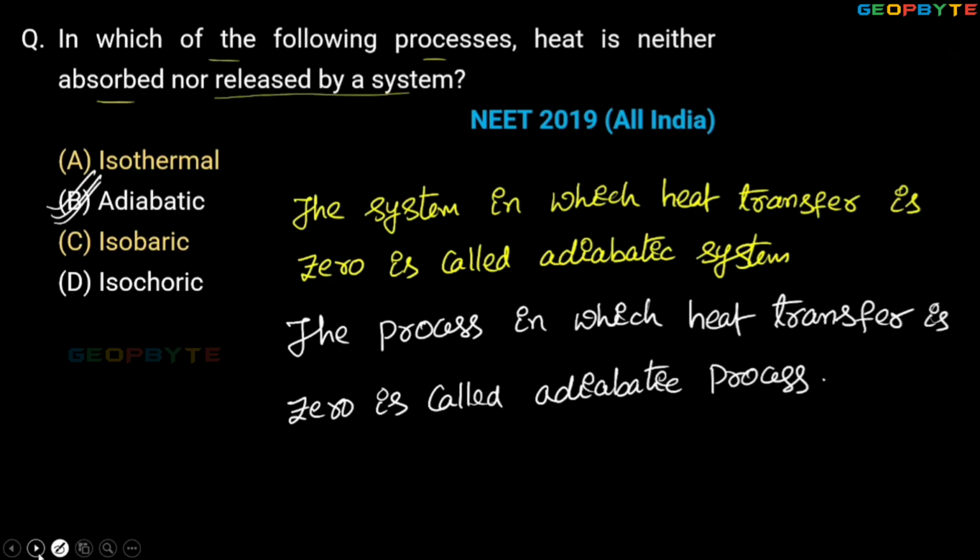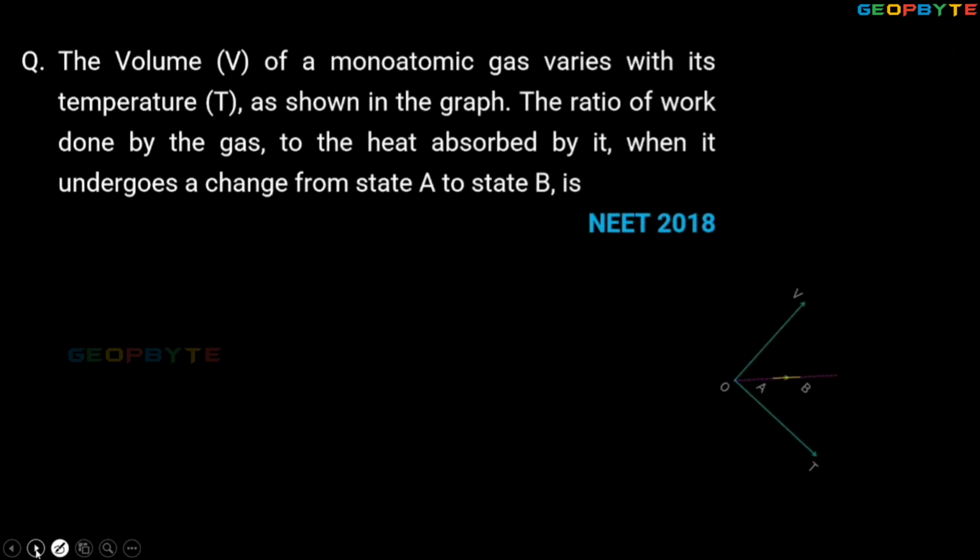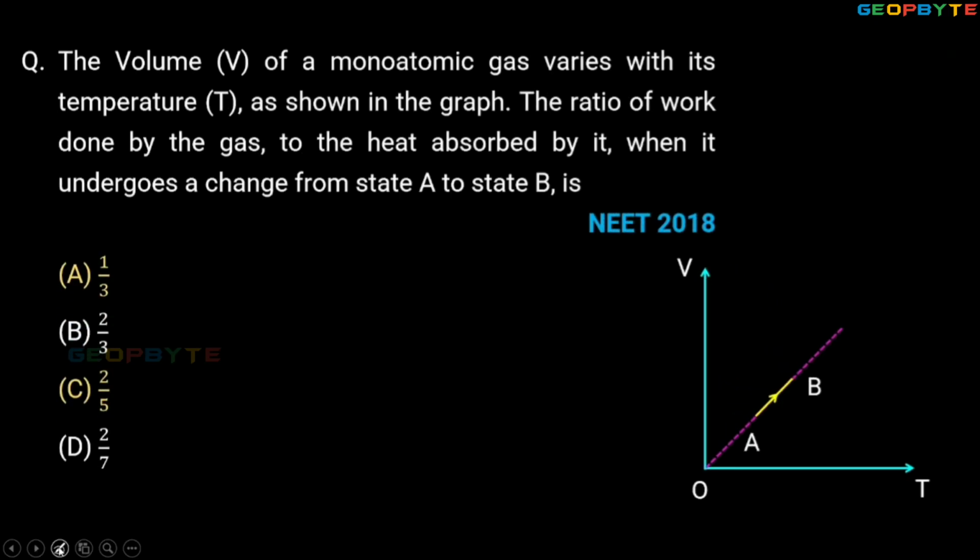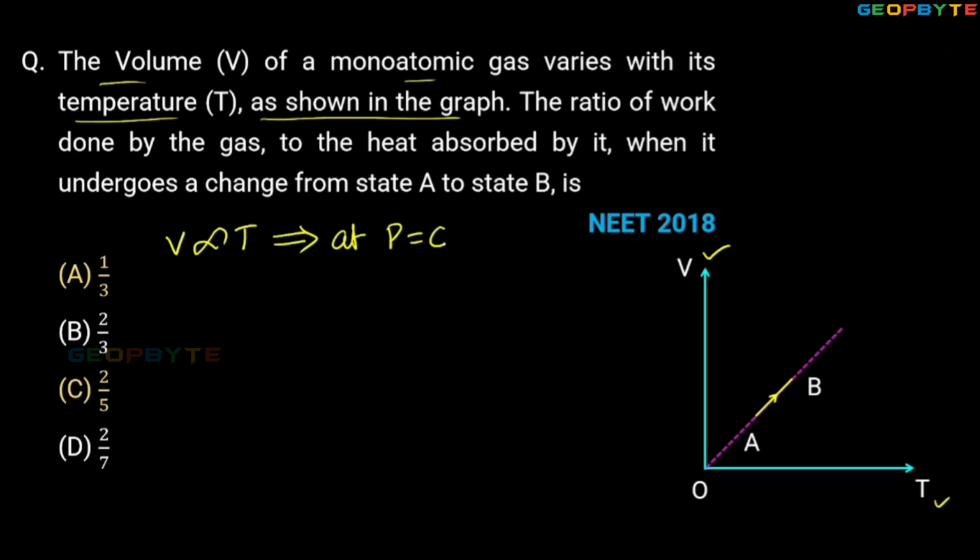Similarly, let us take another important problem. It is asking like this. The volume V of a monatomic gas varies with its temperature T as shown in the graph. Look at the volume versus temperature graph. Here it is clearly given for the process AB, volume is directly proportional to temperature. For any ideal gas, volume is directly proportional to absolute temperature only at constant pressure.